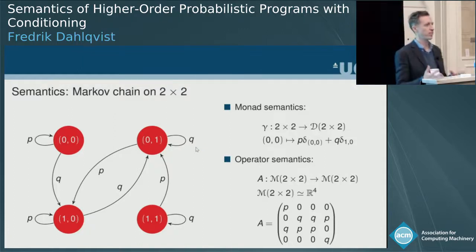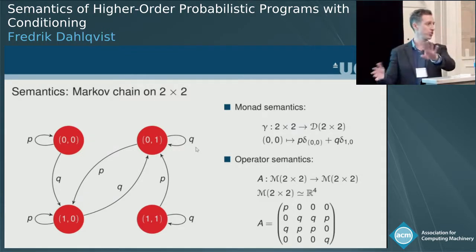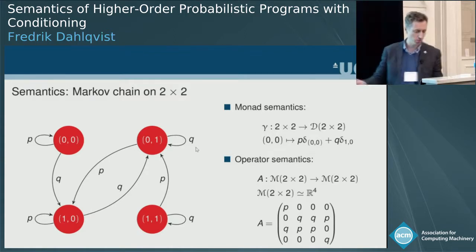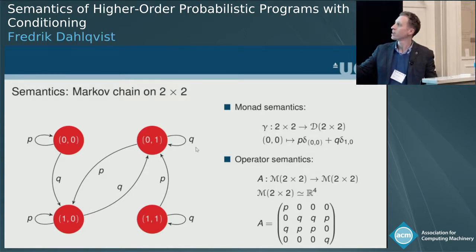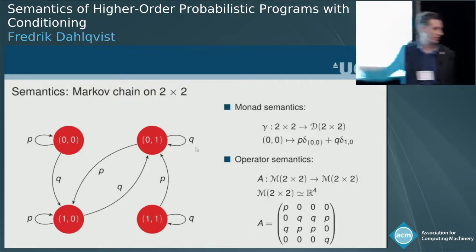So it's an operator which takes as input a distribution on the initial state and outputs a distribution on the output states. Okay, so for example, I'm going to use the convention that all vectors are column vectors. So it's a column stochastic matrix.